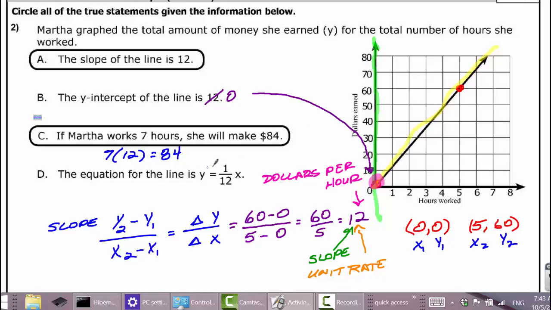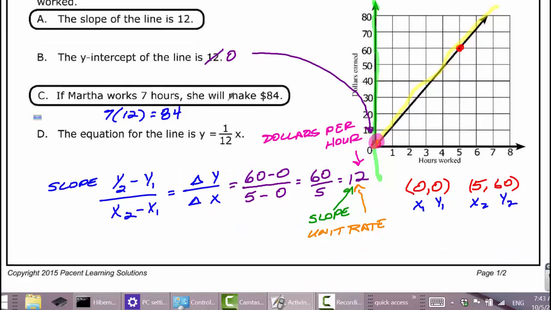The equation for the line is y equals 1/12 x. Nope. The equation for the line is always y equals the slope times x. In math, we have simplified that.